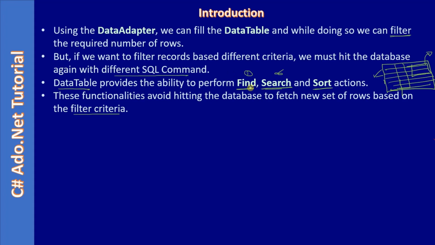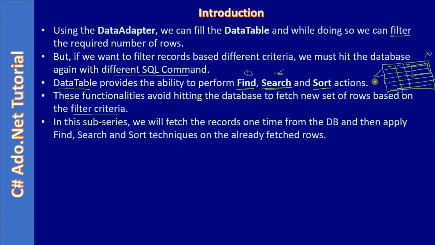So these functionalities, find, search, sort, avoid hitting the database to fetch a new set of rows based on the filter criteria, just as we explained here. And when you have a specific column, based on those columns you can perform sorting also. That will also be done internally inside the data table.